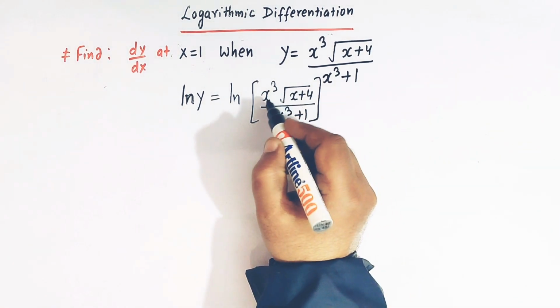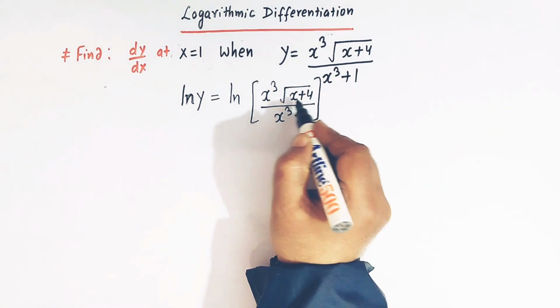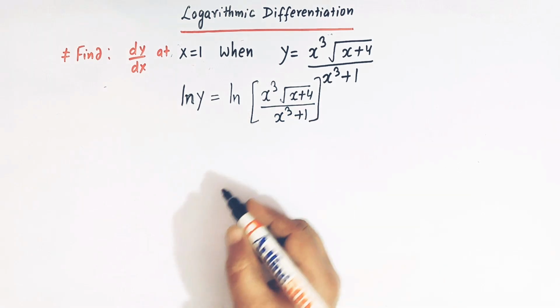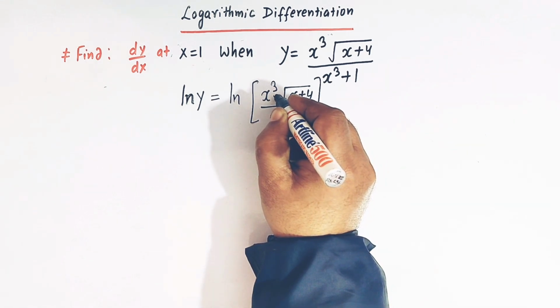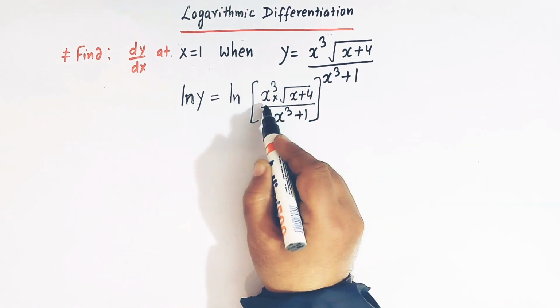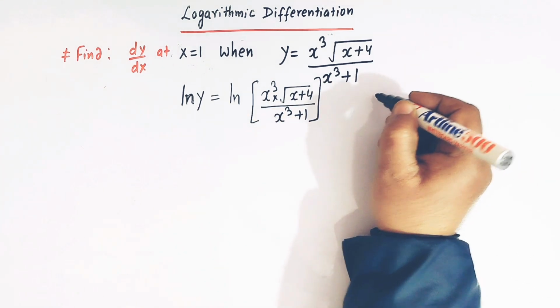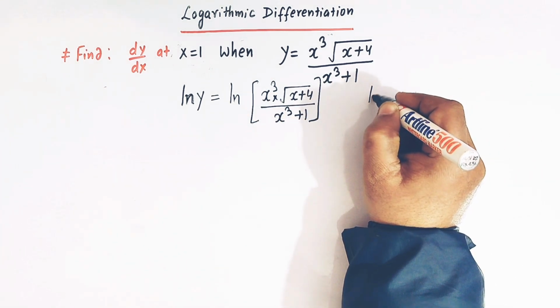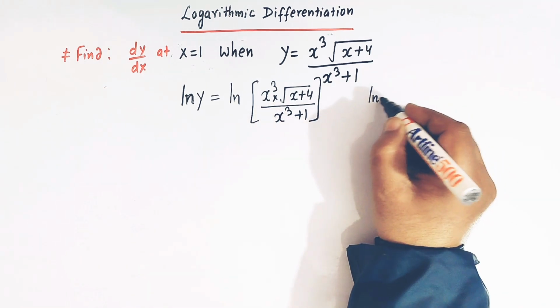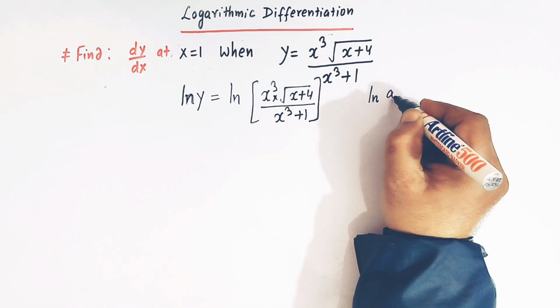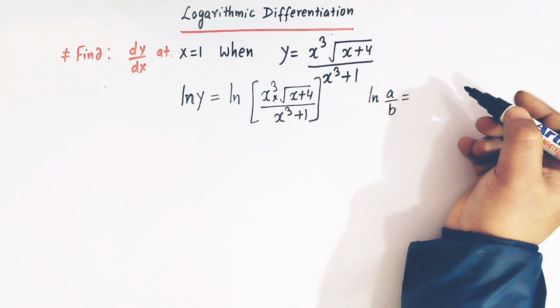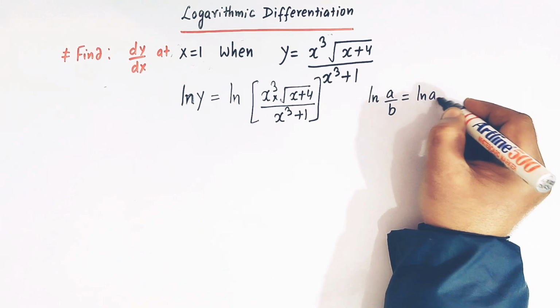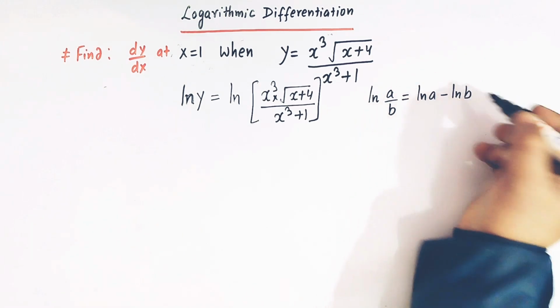Now see, here we have x cube times the square root of x plus 4. So here we have the product of two functions. So what we will do, we'll make use of this property of log, that is log a over b is equal to log of a minus log of b.